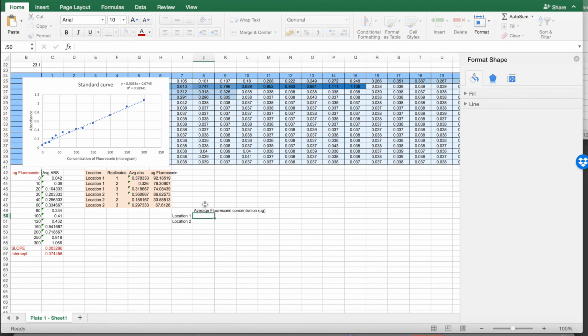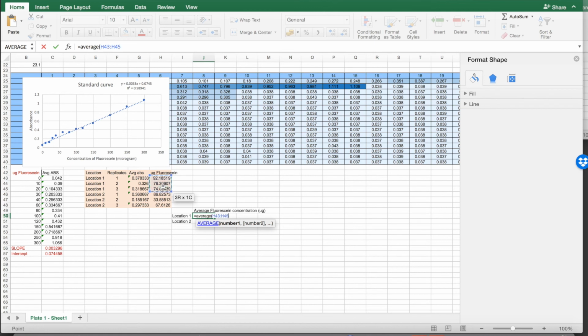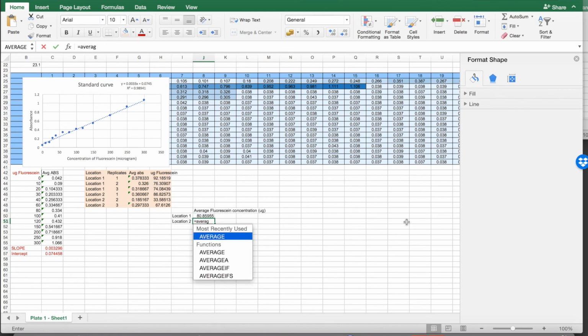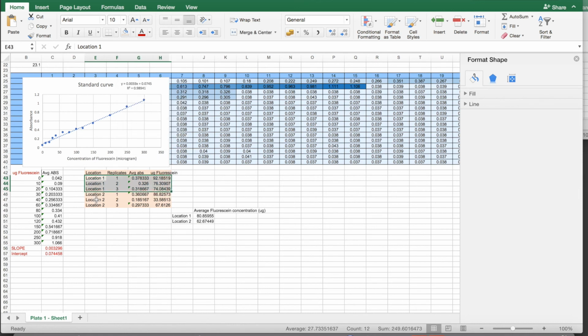Okay, so here we're gonna average out the 3 replicates. Here, average for the second location. You see, if you just look into each location, there is quite an amount of variability.